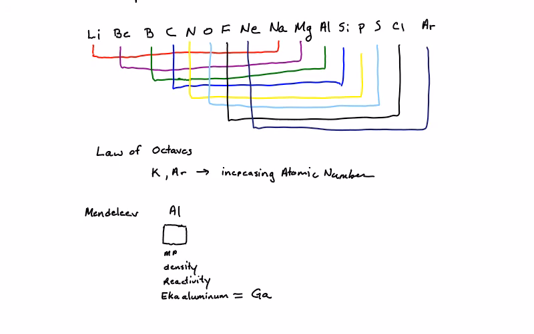And this is what really cemented his place in history. In the next videos, we're going to look at some of the particular periodic trends that are graphically represented on the periodic table.